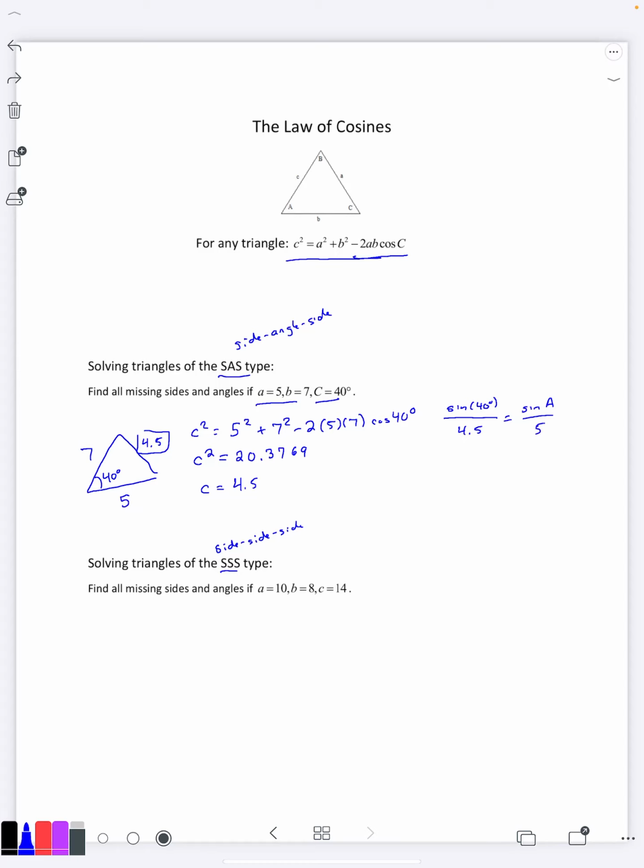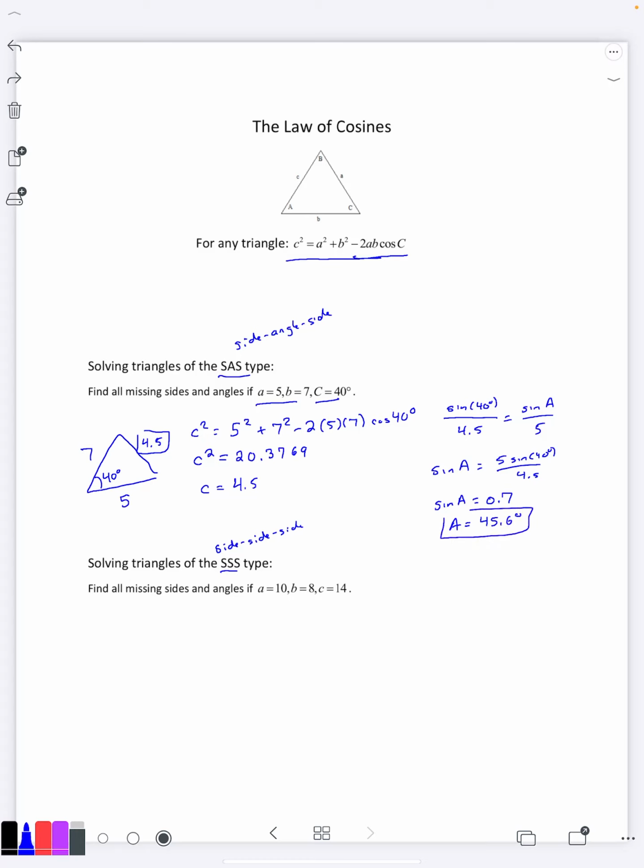So then I would have sine of A is 5 sine 40 divided by 4.5. I'm getting 0.7 here. And if I do my inverse sine on that, I get 45.6 degrees.